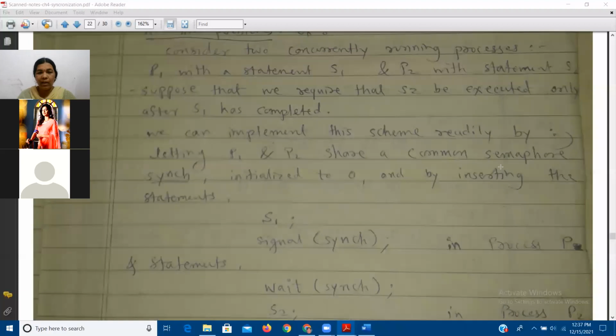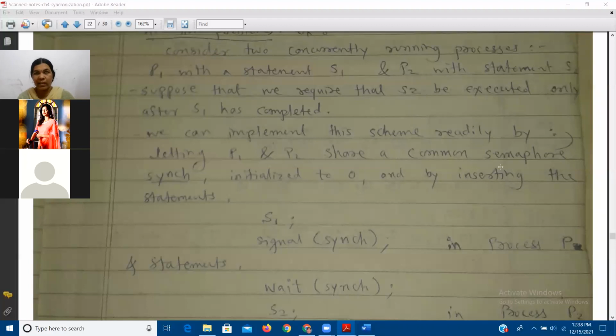So in short, I will explain. For example, again we'll take the same example, a washroom. Two processes are there, P1 and P2. P1 wants to enter the washroom. Assume a 10-minute break is there, and two students want to utilize the washroom.